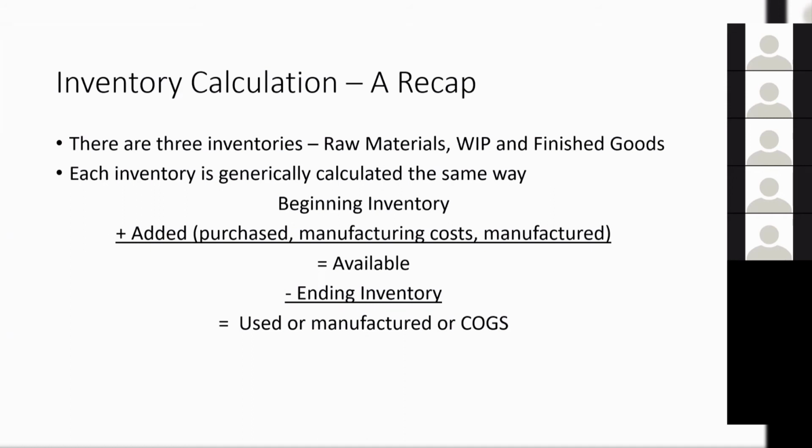We start with beginning inventory and then add some costs, which gives us the amount of inventory available. We then subtract the ending inventory, and that will tell us what was used, manufactured, or sold. I'll walk you through the specific calculations on the next several slides so you'll know which things to look for.